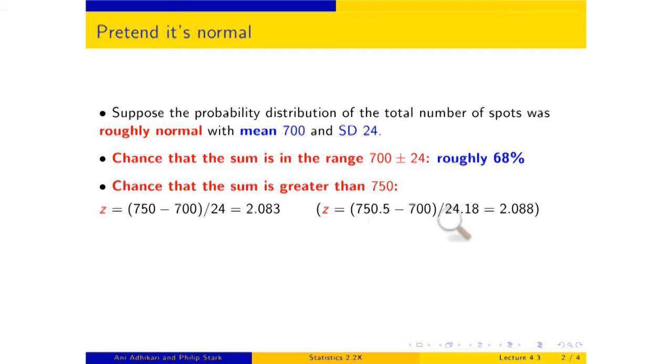You can do that correction and you're not very different from what we had here. So what is the chance that you want? Well, you want the area to the right of this point under the standard curve, and that is roughly 1.85% using your normal curve applet. Done. Easy.